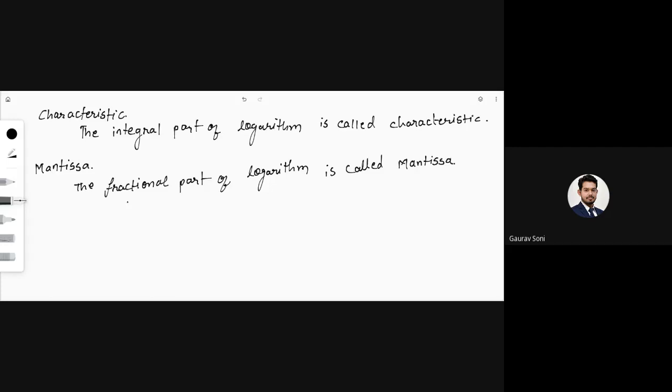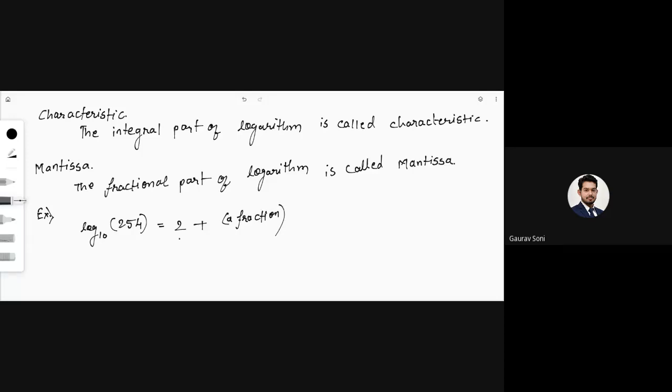So for an example here, log to the base 10 of 254. This is 2 plus a fraction, 0 point something you will get.